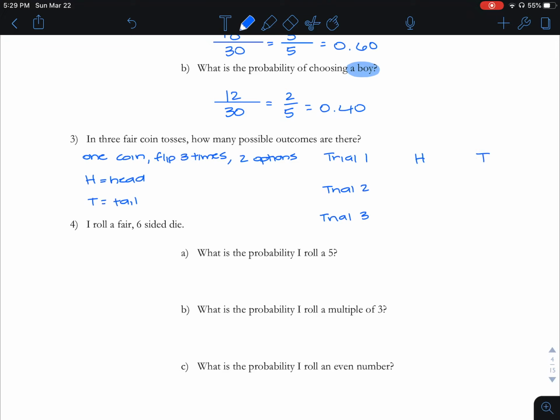I cannot get only tails or only heads. Then I flip it a second time. That's where it gets a little more challenging. If I started with heads initially, and I flip it again, I could either get heads or tails. If I started out with tails initially, I could also have heads or tails.